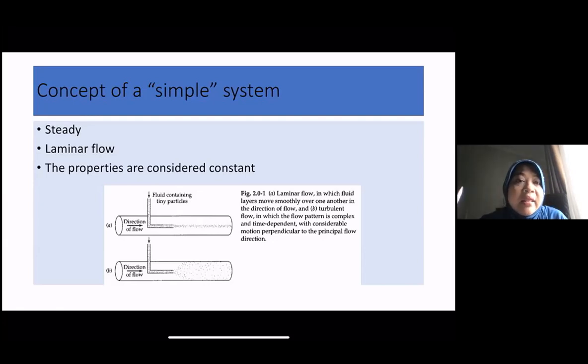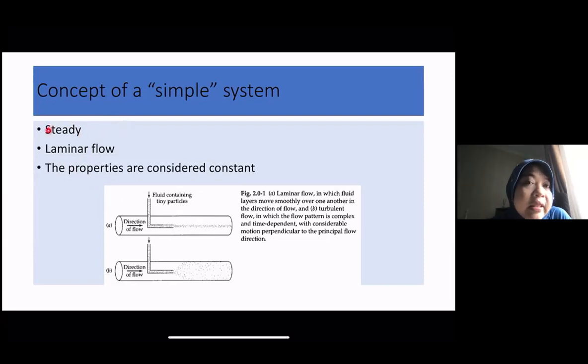And once we know that, let's move on to a more complex system and try to do that one more. That's why in transfer phenomena we're really going to start with a very simple system.